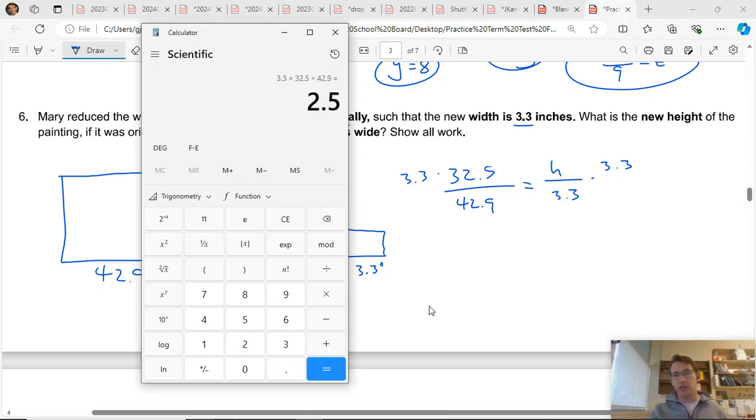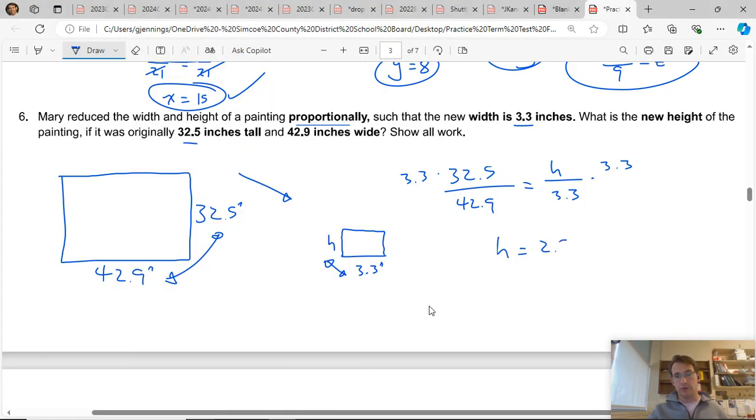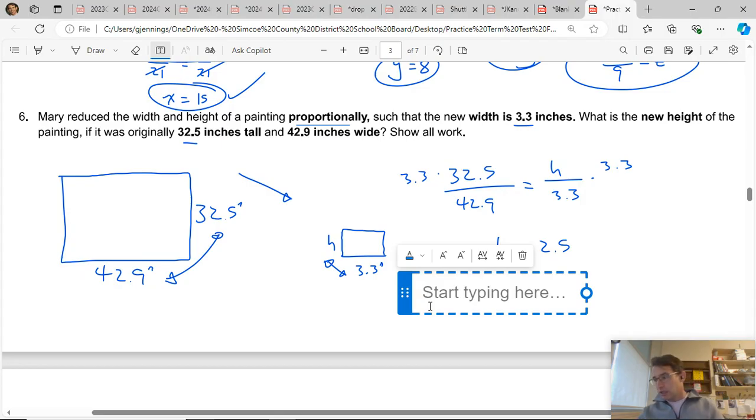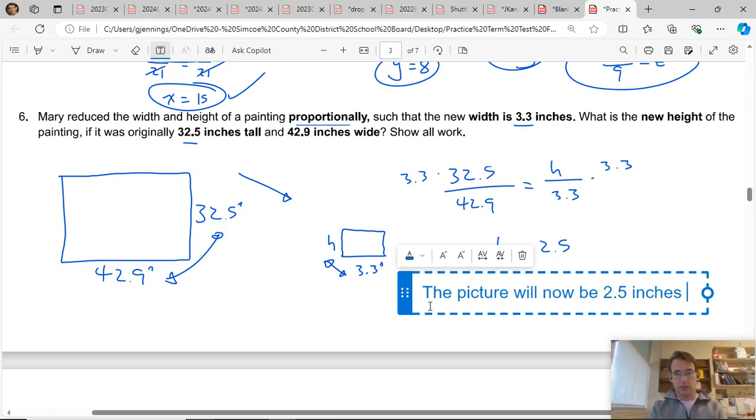There, it will now be h is 2.5. So h is equal to 2.5. And then we would have a little sentence. The picture will now be 2.5 inches tall.